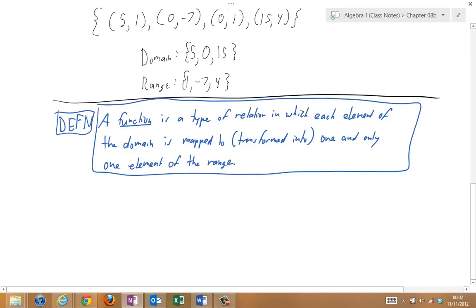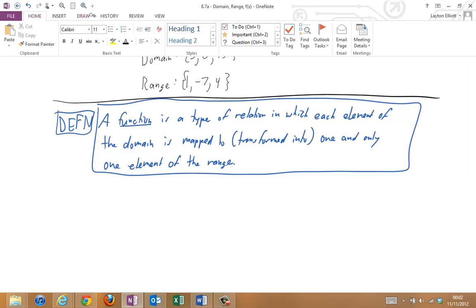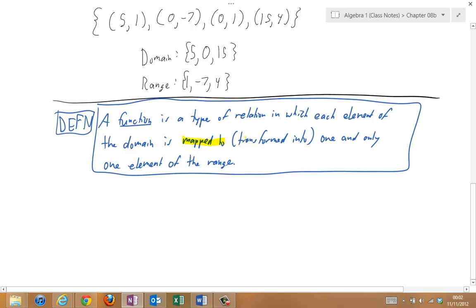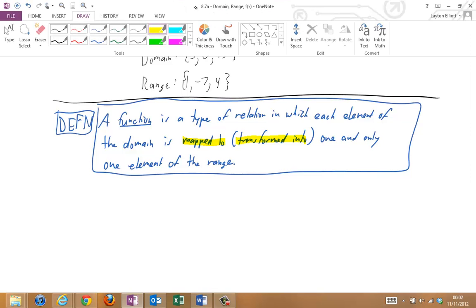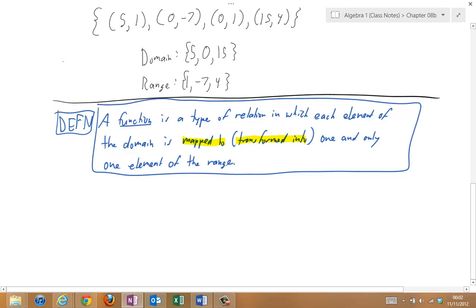Now, I love synonyms. I love this idea of mapped to, transformed into, paired with, because it can be thought of in multiple ways, and that gives us different ways we can visualize this. But pretty much what a function is, I want an answer to a question. I want you to tell me definitely, what does x become? And I need an answer. I don't need two answers. I need one answer.